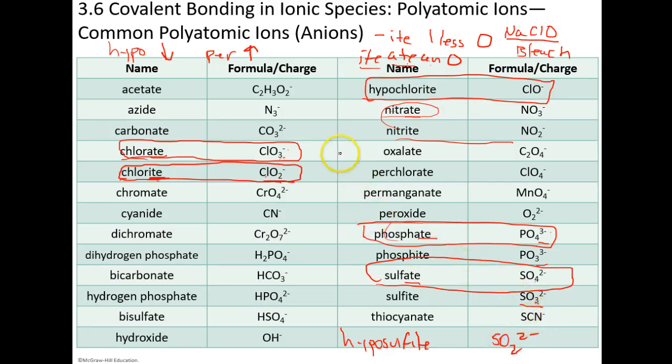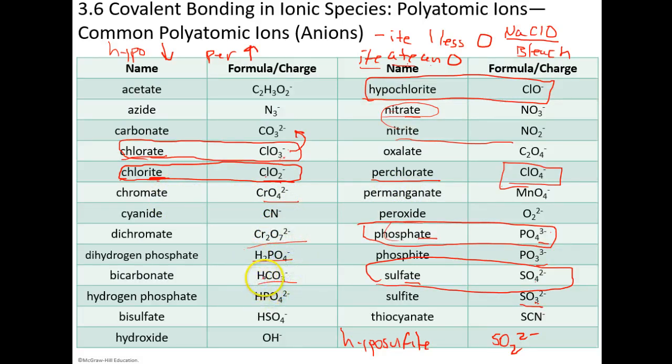Okay. Now you have pers. Per is above. So perchlorate, we're now one above the chlorate. So instead of ClO3, it's one more oxygen. It's ClO4. Okay. So that's kind of a quick, easy way to read this. All right. But pretty much, if you have a chromate, here's chromate, dichromate, just all different names. Dihydrogen phosphate. This is called bicarbonate.